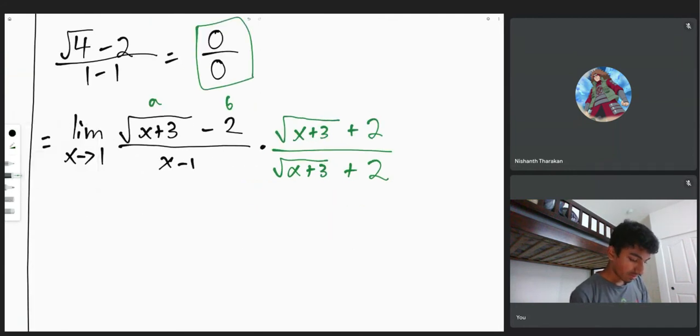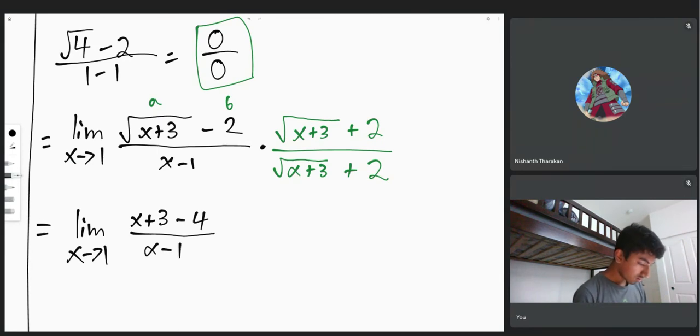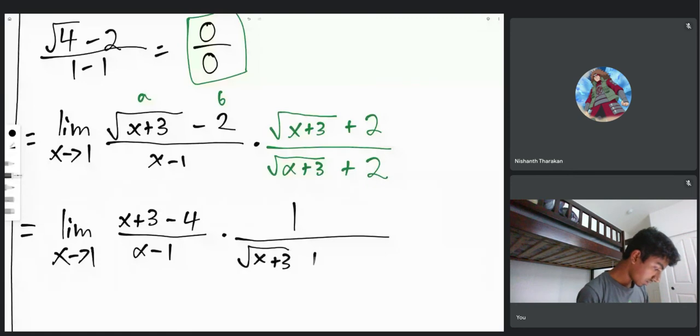Okay, now this equals the limit as x goes to 1. The square of this is x plus 3. The square of this is 4, so we write minus 4 divided by x minus 1, multiplied by root x plus 3 plus 2.